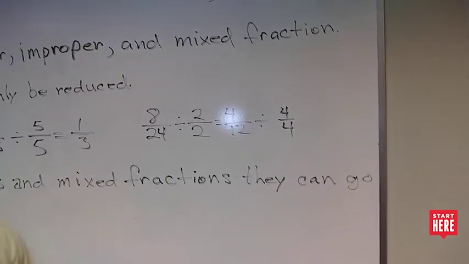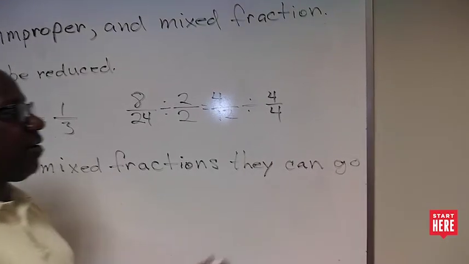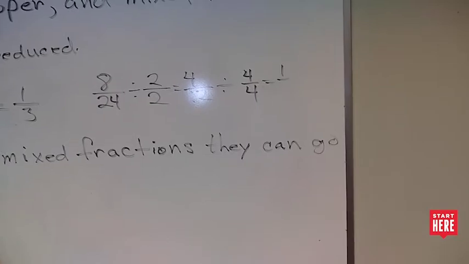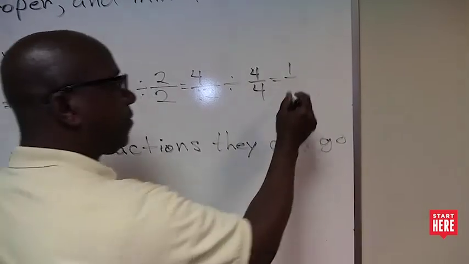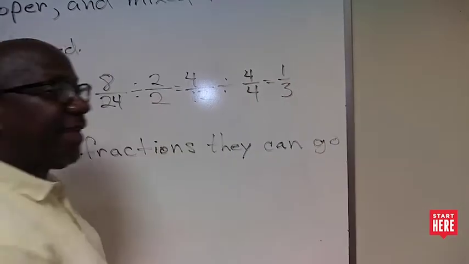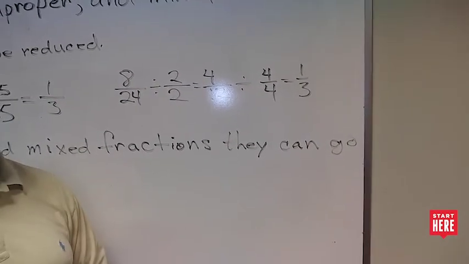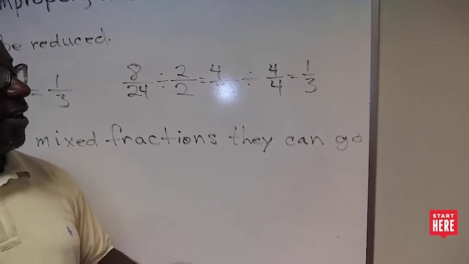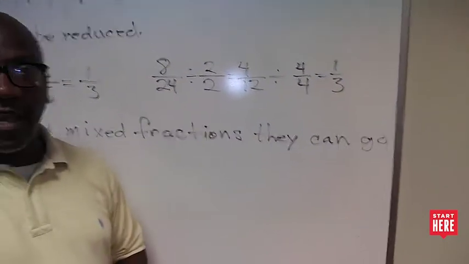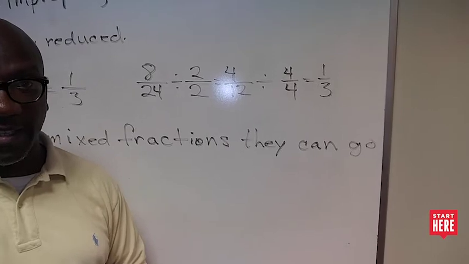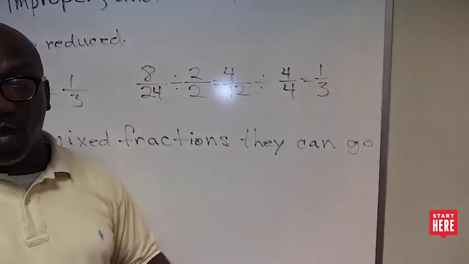I know that 4 will go into itself 1 time. 4 will also go into 12 3 times. Hence, my answer becomes 1/3. I can't go any farther because the only number that can go into both 1 and 3, the same number, would be 1 itself, and I'll still get 1/3.